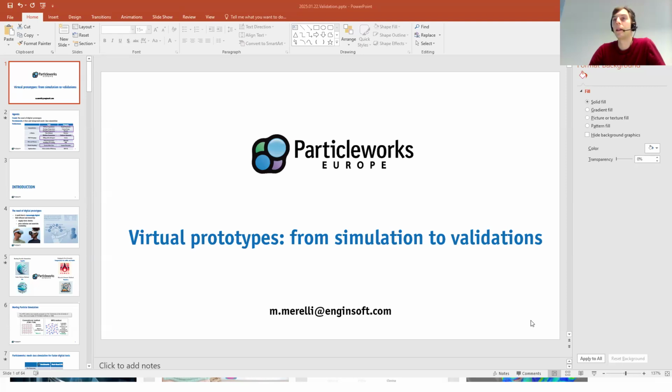Alexander asks if we have benchmark tests against modern fluid solvers like Flow-3D, cloud fluid, etc. No, we don't have a publicly available comparison.